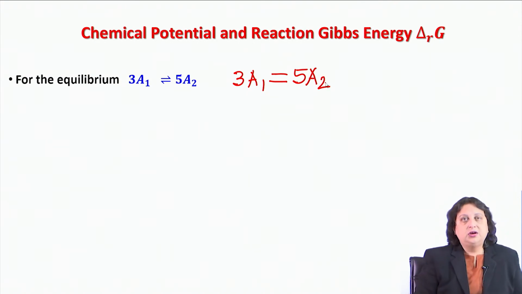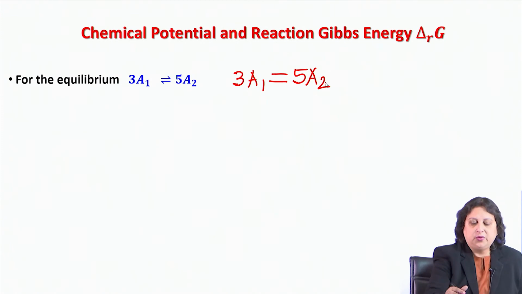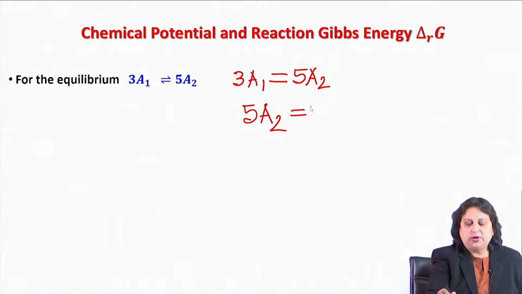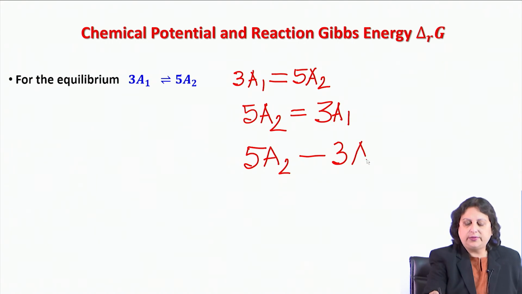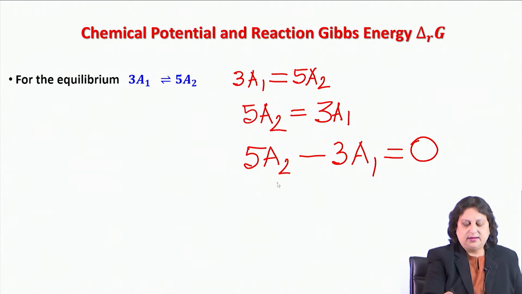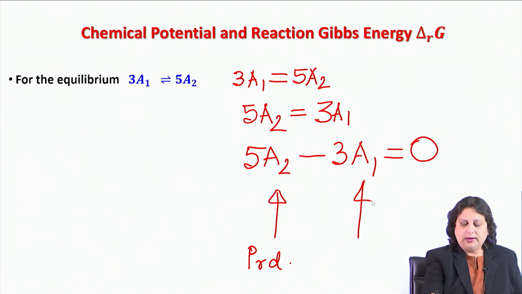If I now try to rewrite this in the form of the algebraic balanced chemical equation, what shall I write? I shall write 5A2 is equal to 3A1 and then take this to the other side and write 5A2 minus 3A1 is equal to 0. So I understand here A2 is the product and A1 is the reactant.